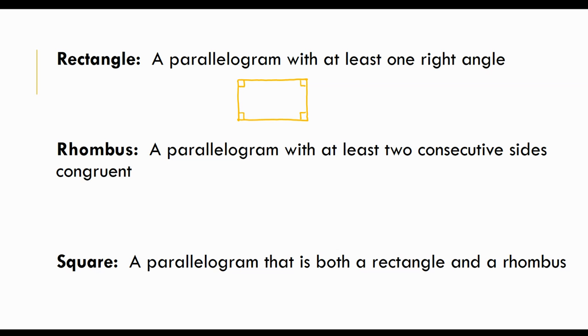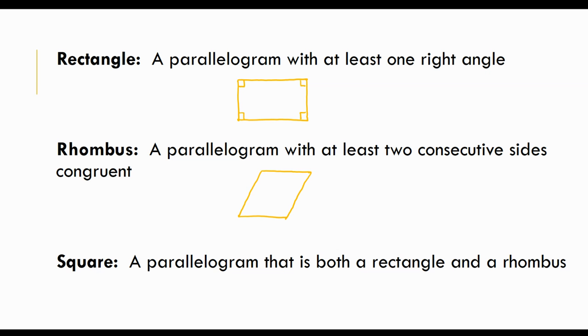When I have a rhombus with at least 2 consecutive sides congruent, we don't know that we have any right angles. So that's why we have that little shift or bend to it, just like a parallelogram. But consecutive means right next to each other.